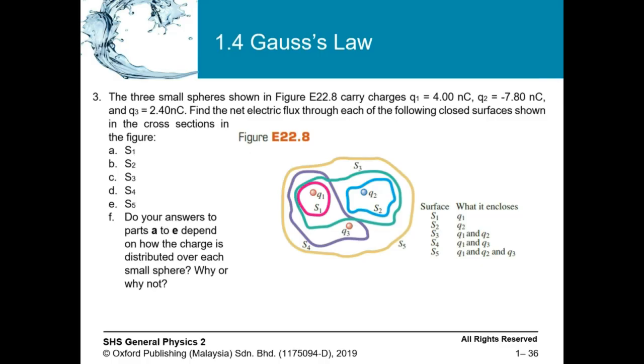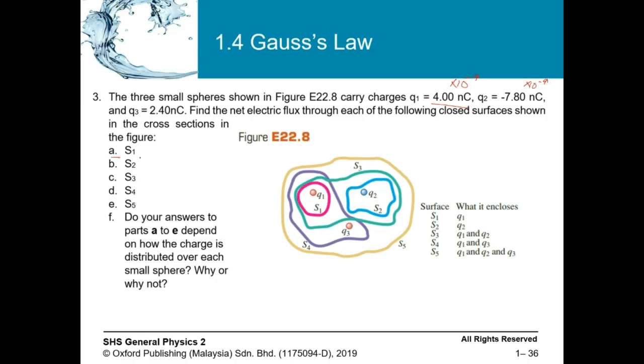So let's have an example first. Three small spheres in this figure have charges: Q1 is 4 nC, where nC means nanocoulombs, and nano means times 10 to the power of negative 9. Q2 is negative 7.80 nC, and Q3 is negative 2.40 nanocoulombs.